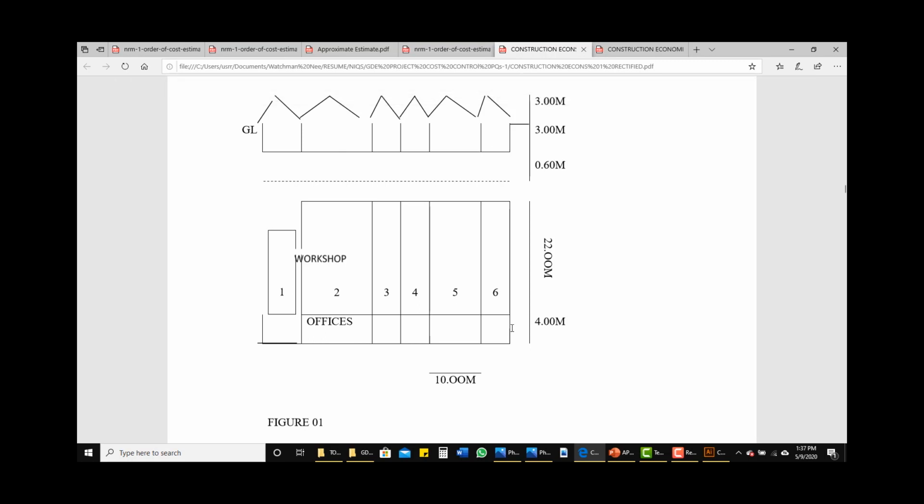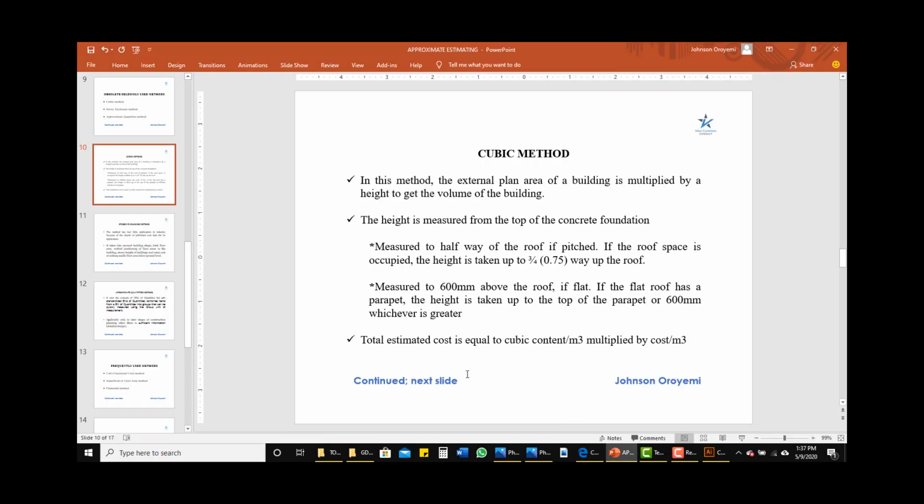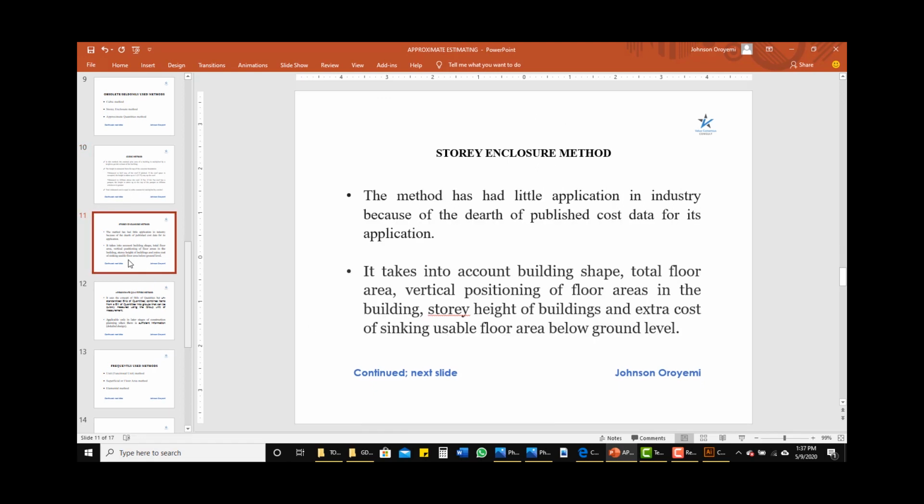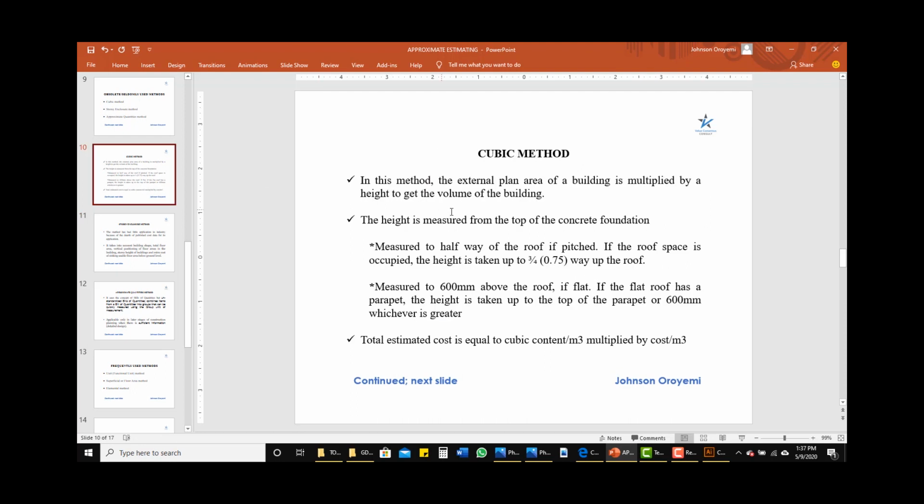So now let's move to another method under the obsolete or seldomly used methods. Another method is what is called the Storey Enclosure method. But before we go into that, I need to say something about the cubic method of preliminary estimate.